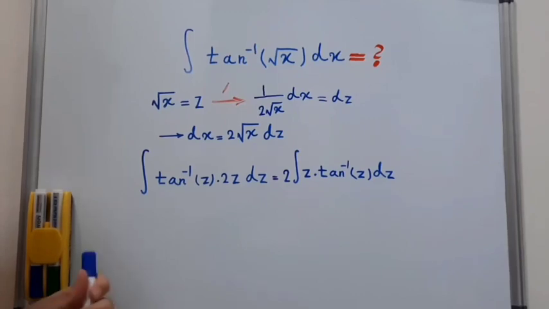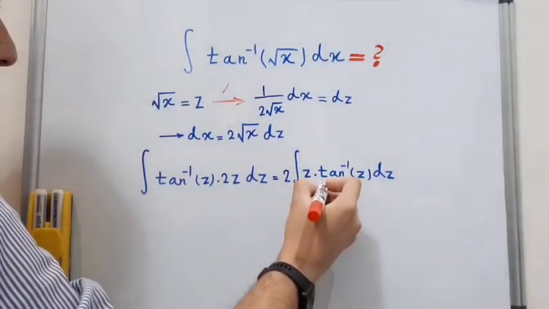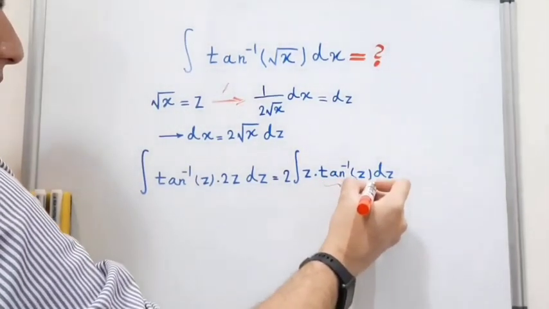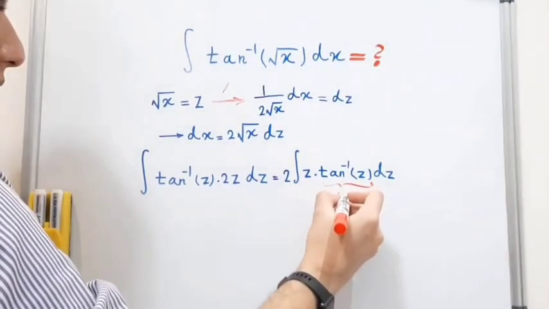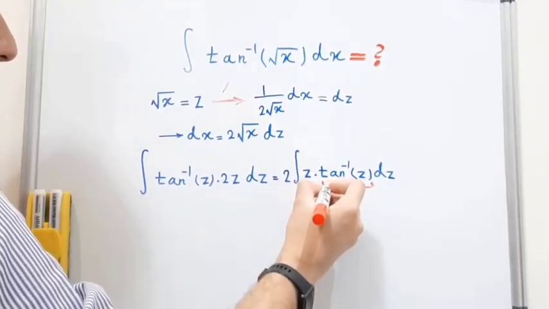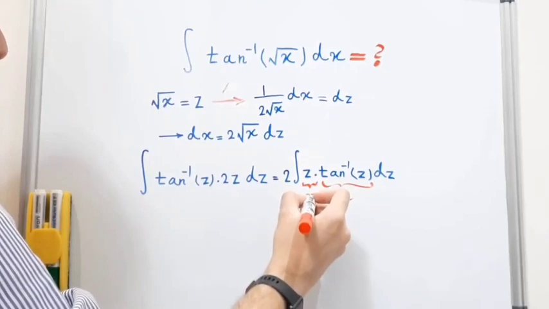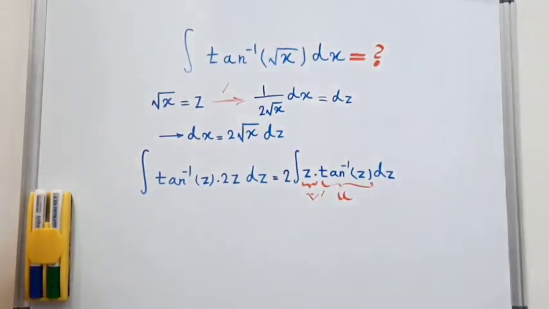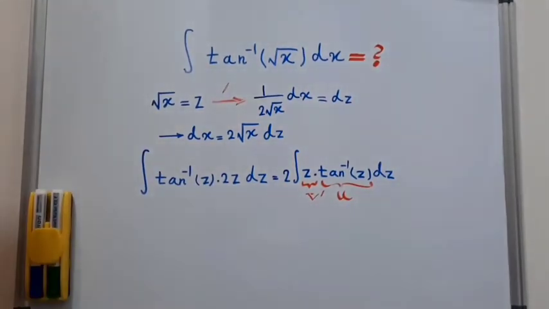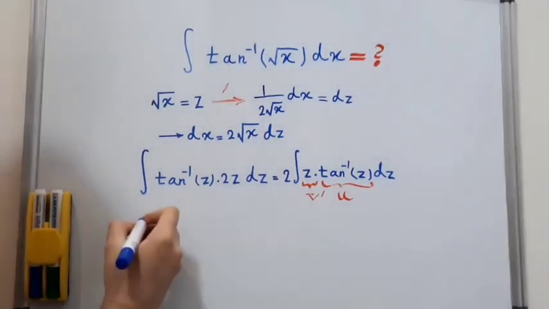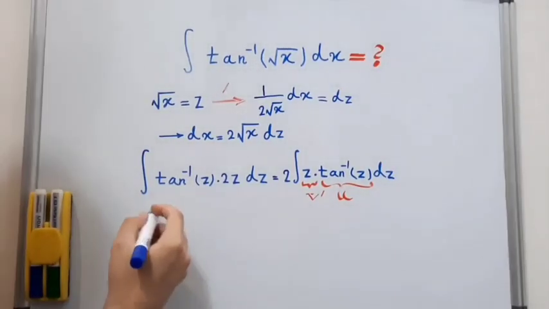Let's call this one u, and this one v prime. I want to use a formula and I will also show the proof of that formula.